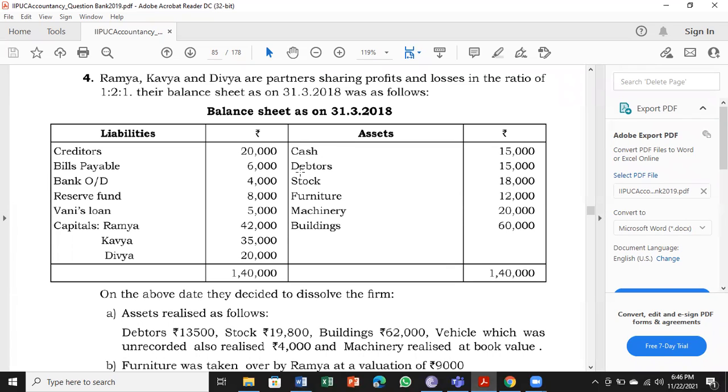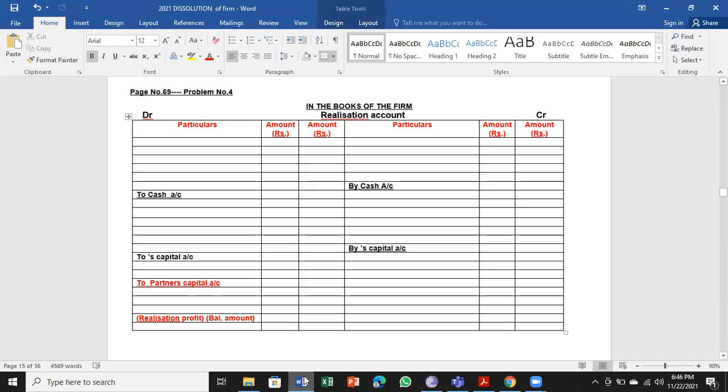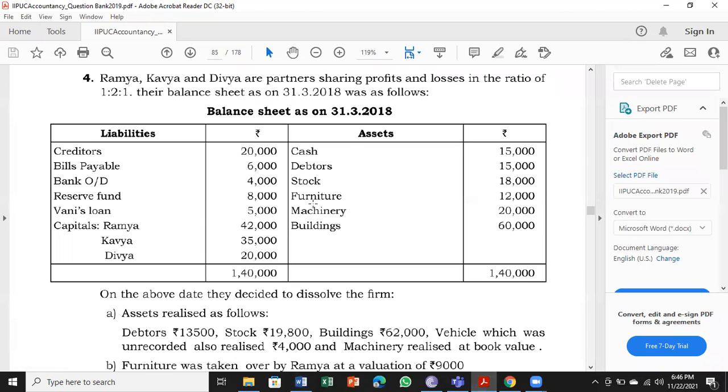Start from the second asset, that is debtors. To debtors account, 15,000. Stock and furniture, 18,000 and 12,000.